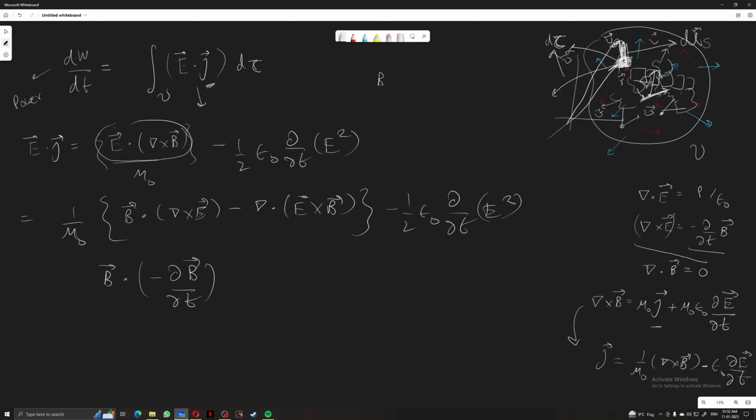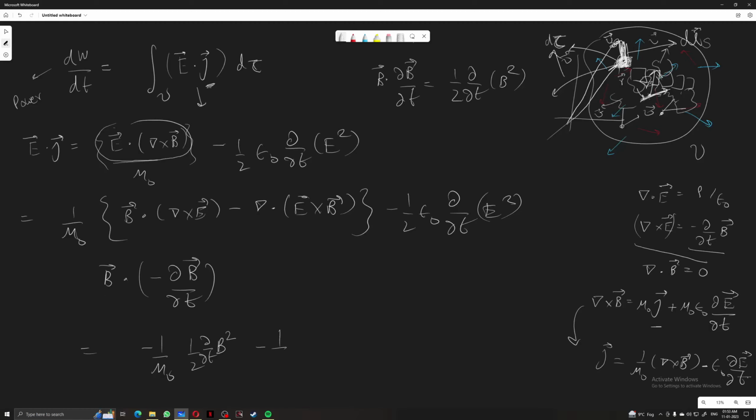So again this B dot partial B over partial t can be written as half of partial by partial t of B square, where B square is the square of the magnitude of the magnetic field vector. And there is a negative sign, so I have minus 1 over mu naught half of d over dt of B square.